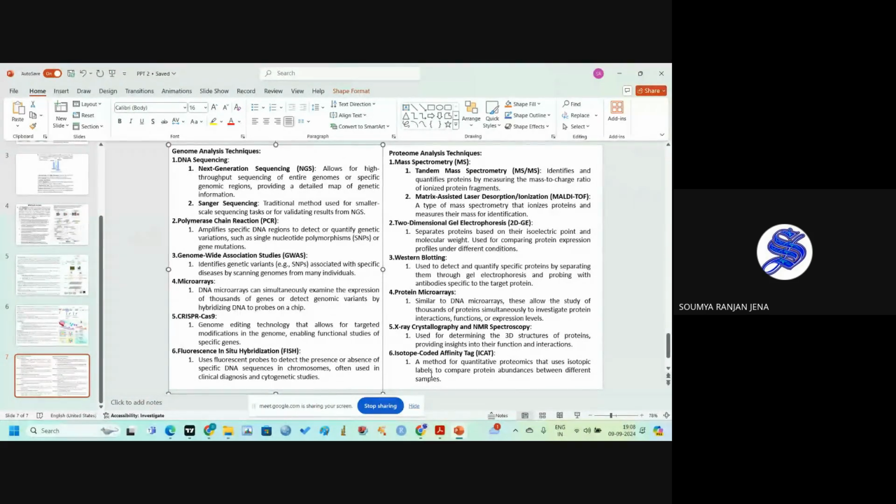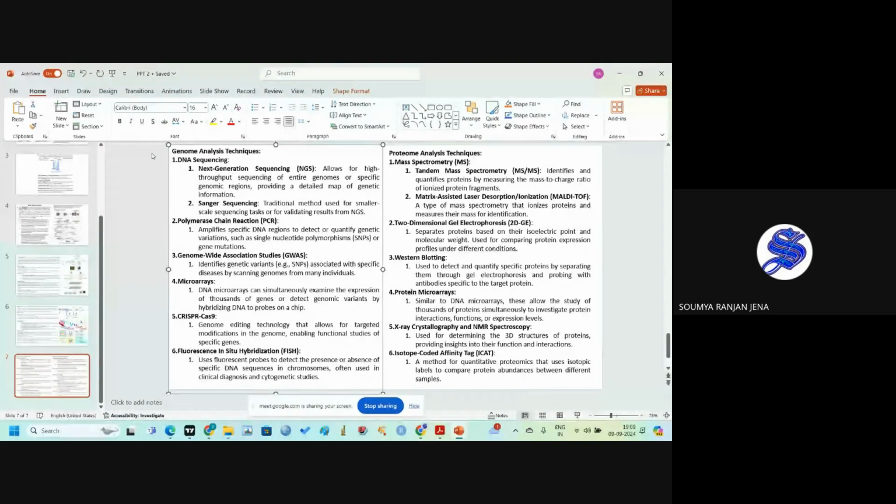Because we label one patient's protein X and another patient's protein Y, then we go for isotope affinity tag, and then we characterize this expression by different techniques like MRI, CT scan. Here also we can study whether a particular protein is overexpressed in a particular region or tissue or not. We also study this by proteome analysis techniques.